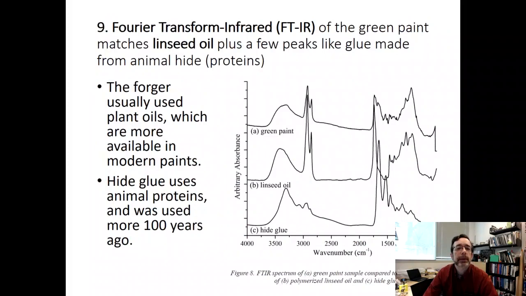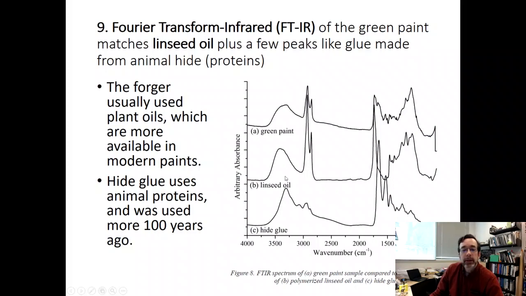Maybe it's not a red flag, but it's an orange flag. They did another fingerprint technique called FTIR, Fourier Transform Infrared spectroscopy, on the green paint as well. Under FTIR, the green paint looks like this curve on the top. Sometimes FTIR can react to the binder. So they tried a linseed oil binder and a hide glue binder.